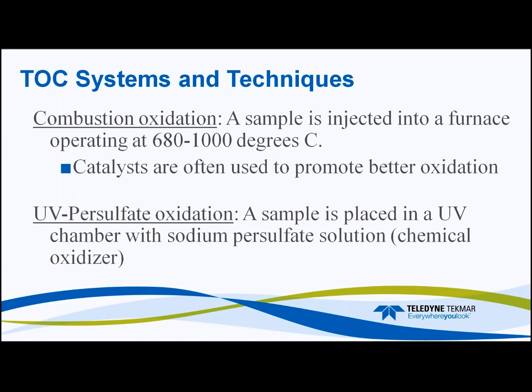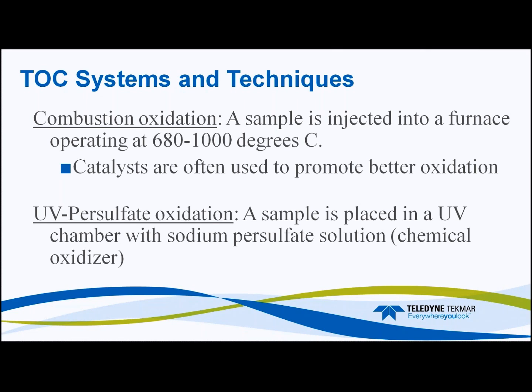So when we look at two different techniques, generally we talk about combustion and UV persulfate. Combustion oxidation is where we take a sample and inject that into a furnace at around 680 degrees to 1,000 degrees Celsius. And we're getting essentially complete combustion or complete oxidation of that sample. Now, when I think of combustion, I think of very hard to oxidize samples. These would be your wastewaters, your seawaters, your brines, some of your effluents and influents.